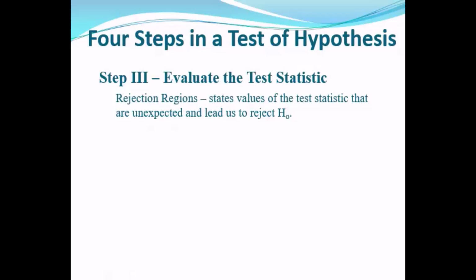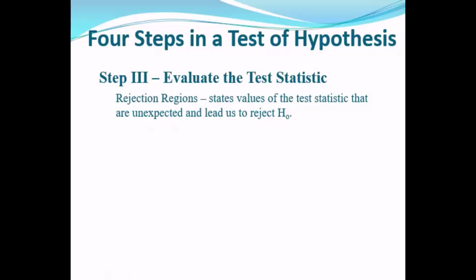Rejection regions, based upon where we've been, what we've done before. If the null hypothesis is true, we expect the value of the test statistic to be close to 0. So the further the test statistic is from 0, the more we want to not believe the null hypothesis. So how far would that test statistic need to be?